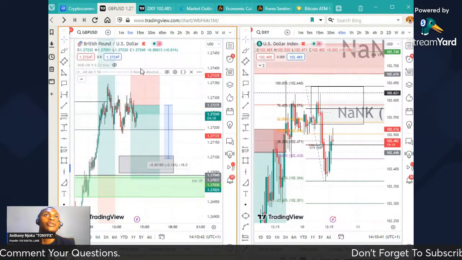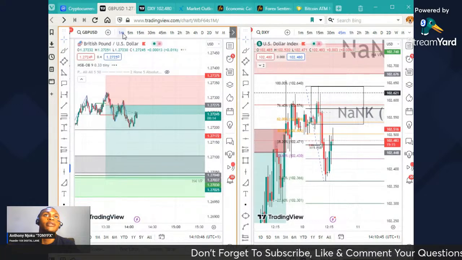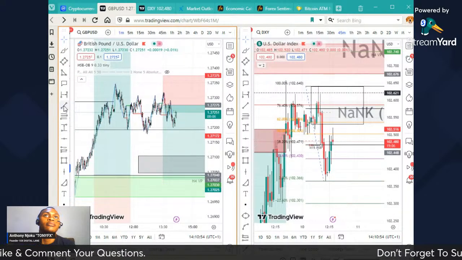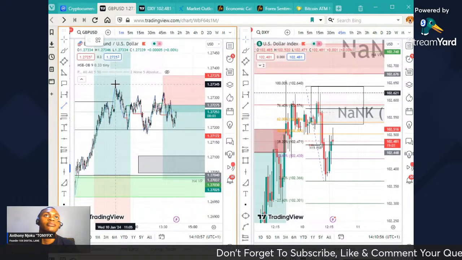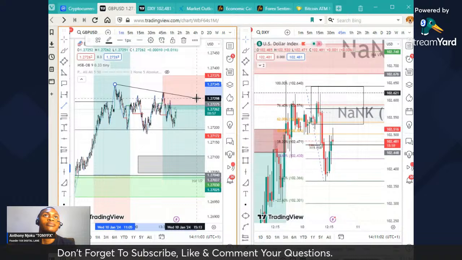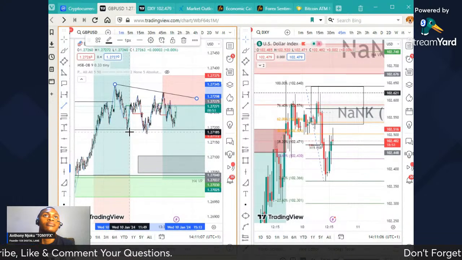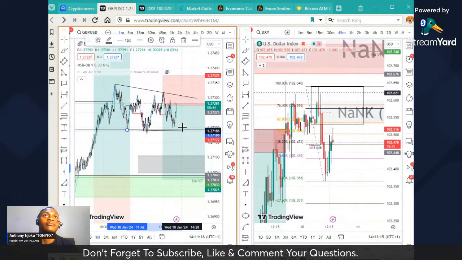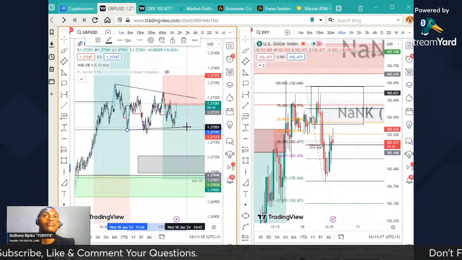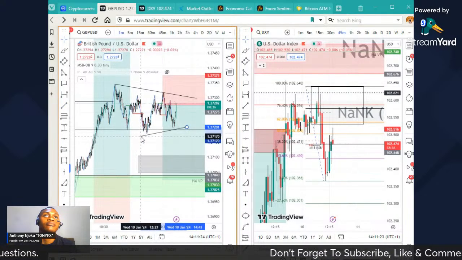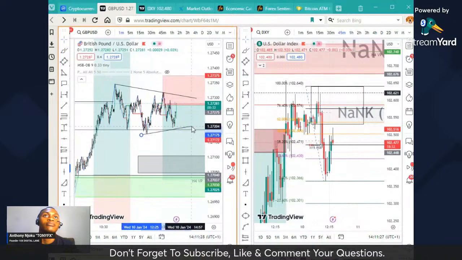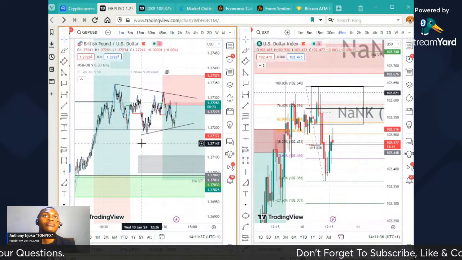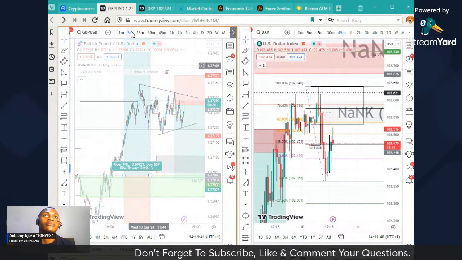And the market is also creating a structure though. Let's go to the 1 minute. So this is the structure I see. The market came back to the entry. So this is the structure I see currently.